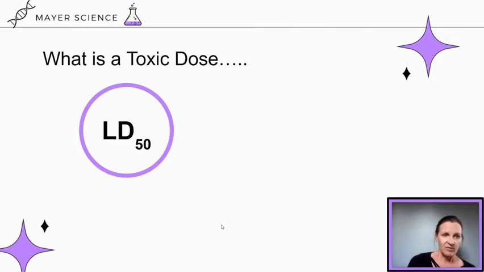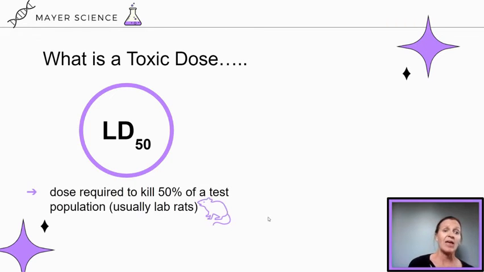When we think about toxicity, one of the common measurements that we use is something called the LD50. That measurement talks about a toxic dose. LD stands for lethal dose, and the 50 means the dose or the amount that's required to kill 50% of a test population, which is usually lab rats.